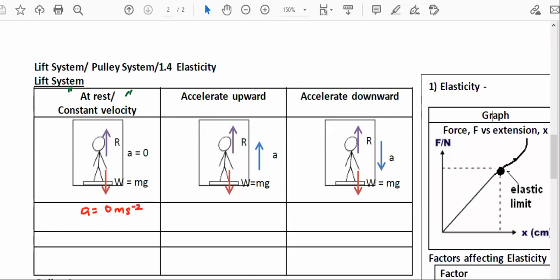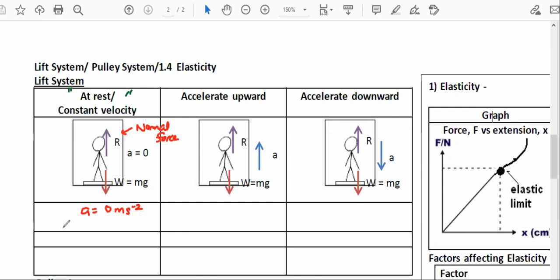If acceleration is zero, can you tell teacher what should be the relationship between this R and the weight? You all know this weight refers to gravitational force, W equals mg. This R is the normal force, because any object on a surface is acted on by a normal force. In this case, this normal reaction force is also the weighing scale reading.